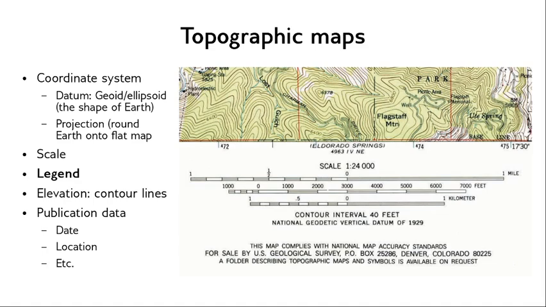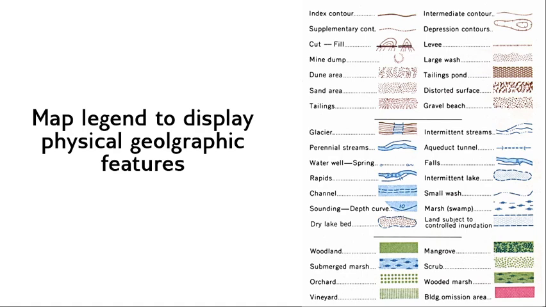So the next piece of the legend, I don't have this here because it's actually quite large. Here is a legend that's pretty common to maps created by the U.S. Geological Survey. And so you see that there's this index contour, this bold contour, and typically every fifth contour is this index contour, and then there's the supplementary ones.